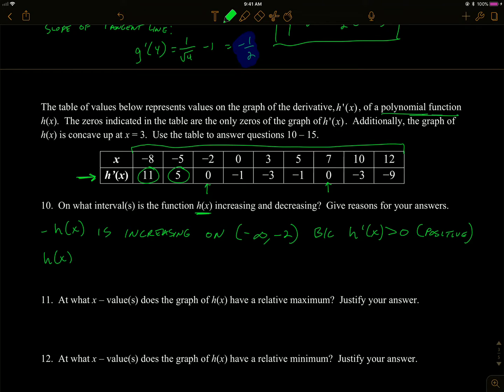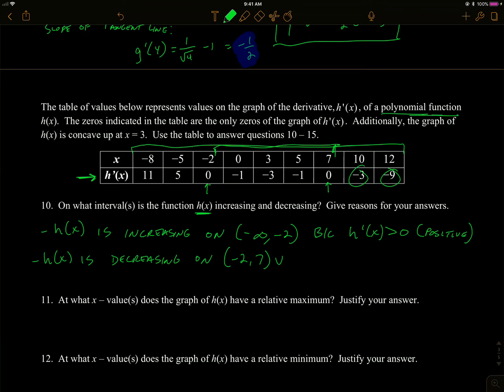So I know where h of x is increasing. I also know where it's decreasing. H of x will be decreasing anywhere that h prime of x is negative. So that would be on this interval, from negative 2 to 7. And then it happens again.